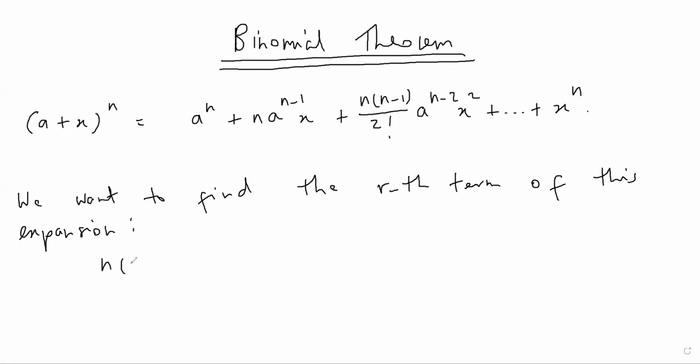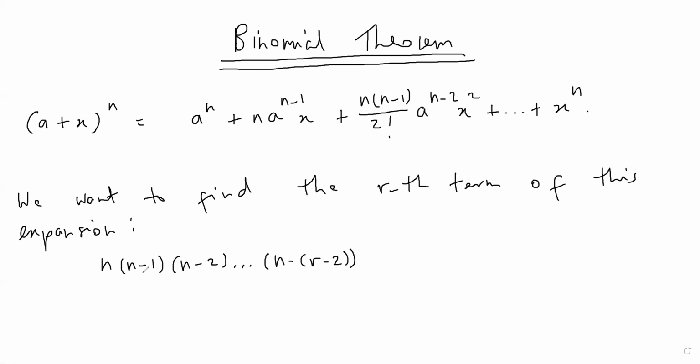You know, this formula I will also give you in the formula sheet. So we have n multiplied by n minus 1 multiplied by n minus 2, and this goes all the way to n minus r minus 2.